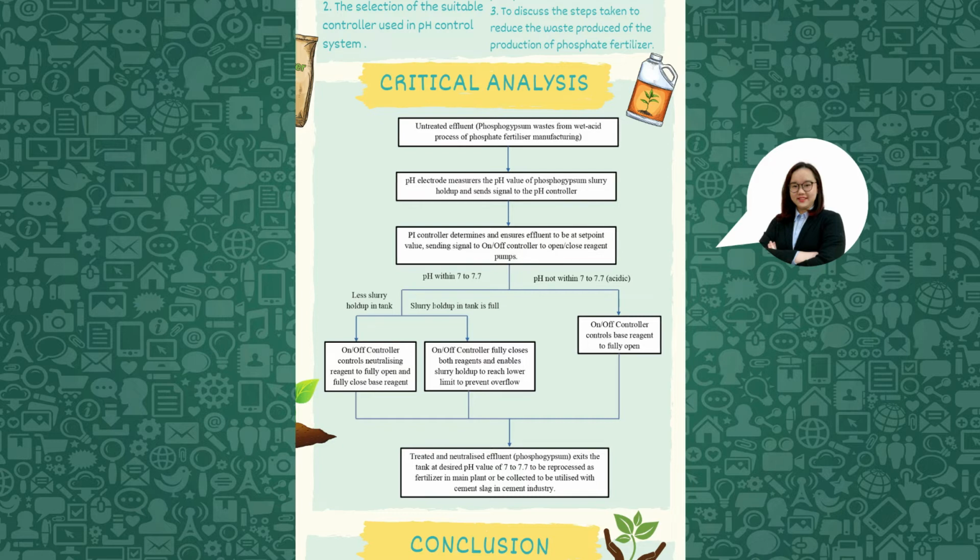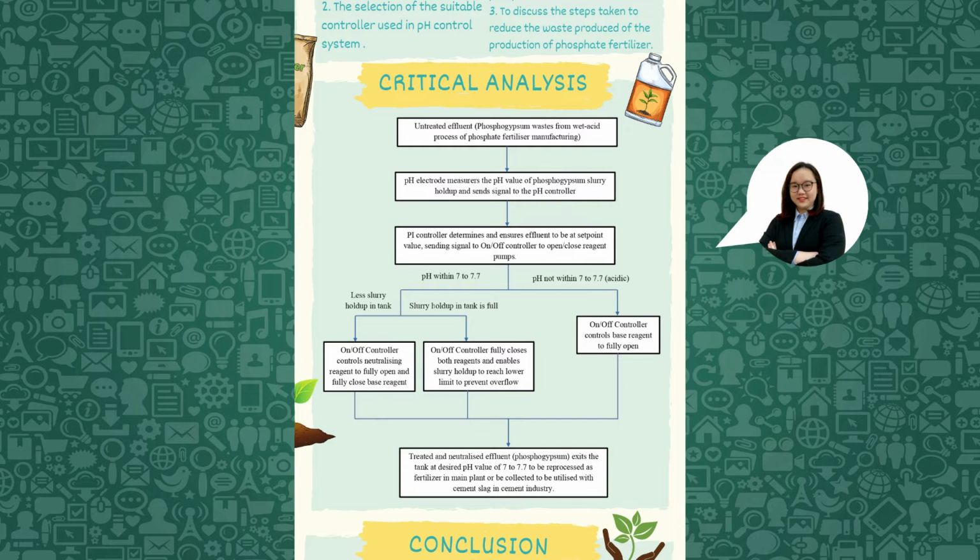An error detected, which is a pH value that shows acidic properties, less than 7, will then signal the on-off controller to control the actuators, that is the base region pump or neutralizing region pump, to be fully open or fully closed based on the error situation, where the main objective is to neutralize the acidic phosphogypsum waste in the tank. The base region pump will be fully open if the error is present, that is the holdup in the tank is acidic, whereas if the slurry holdup is within the desired set point, the on-off controller will fully close the base region pump and determine the holdup in the tank in order to either fully close both region pumps or allow the neutralizing region to be added.